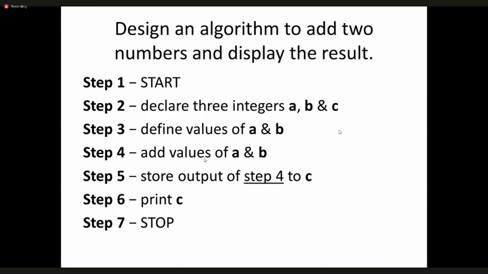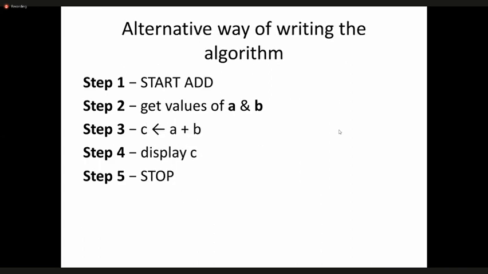Right? That's how we can write an algorithm. In addition to this previous way, we can use an alternative way of writing the algorithm. In that alternative way, we can say start, then get values of A and B. Then C will get A plus B, then display C, then stop.